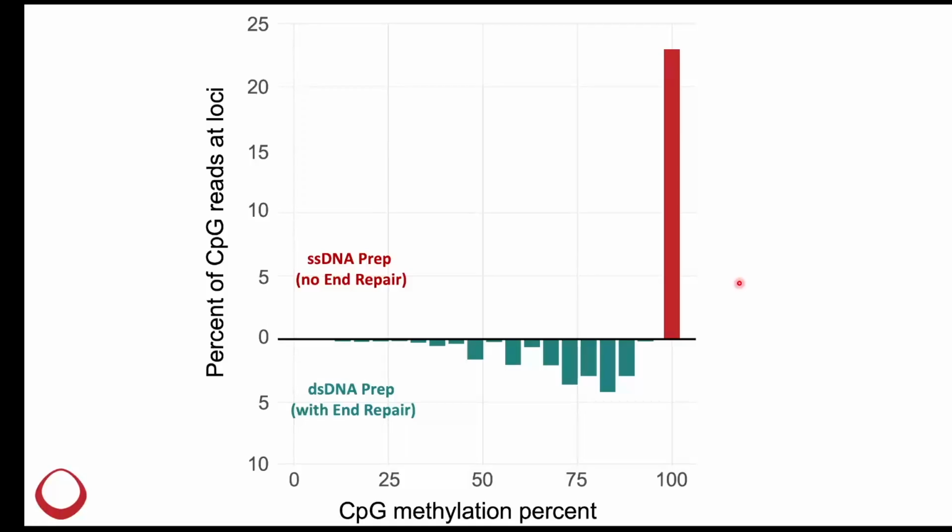However, the effect of that is largely normalized out by the single-stranded prep, because that is sampling the cell-free DNA without end repair. So whatever you see here in the hemi-methylated states is just a result of end repair.